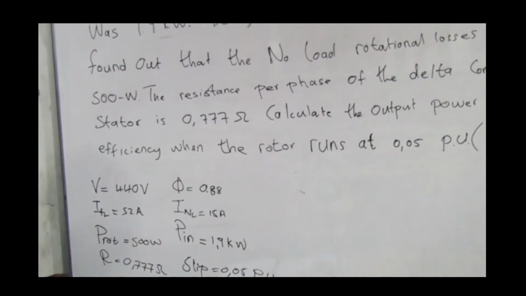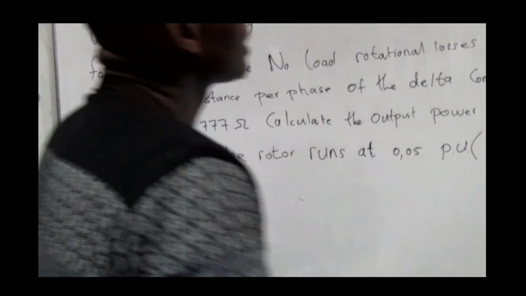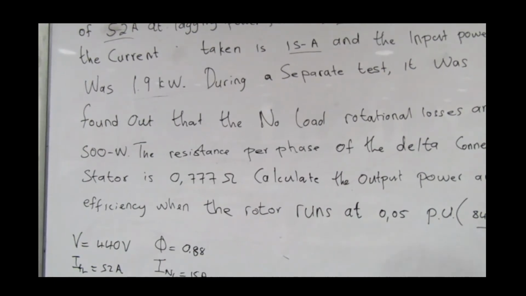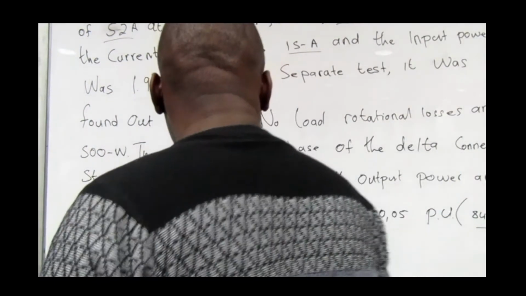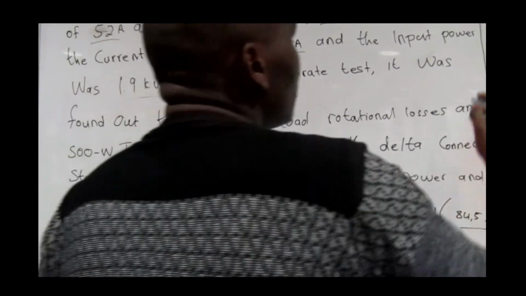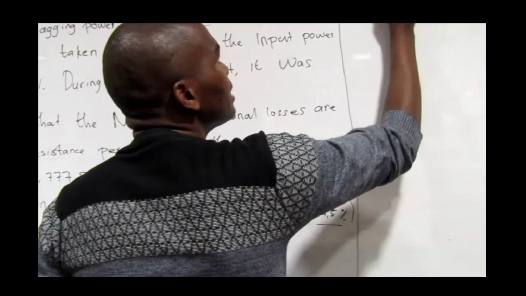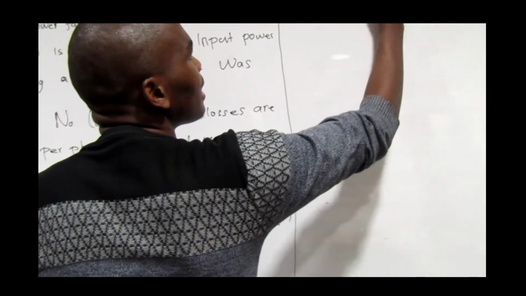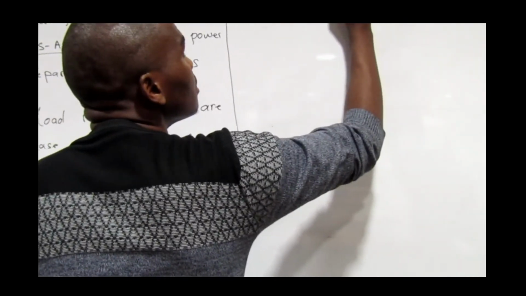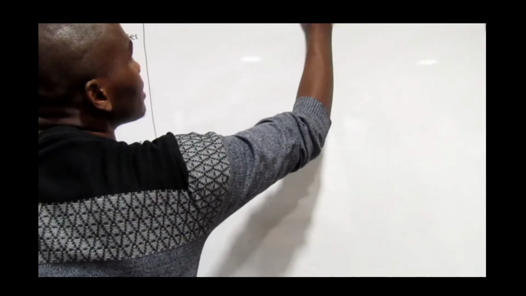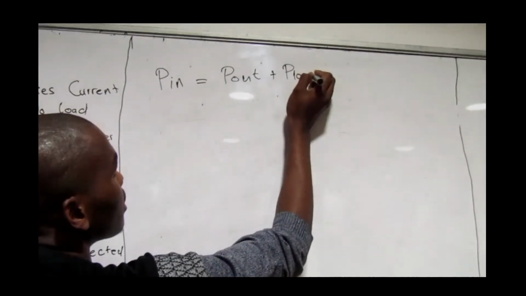Now let me write this here. Okay, firstly, we have to calculate the P out. As you know, first of all, P in is given by P out plus P losses.